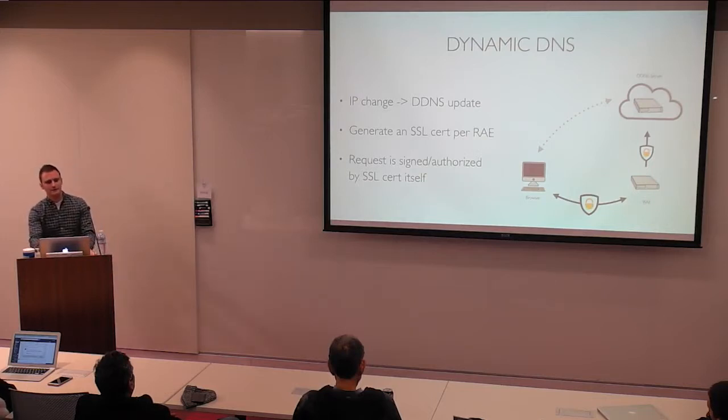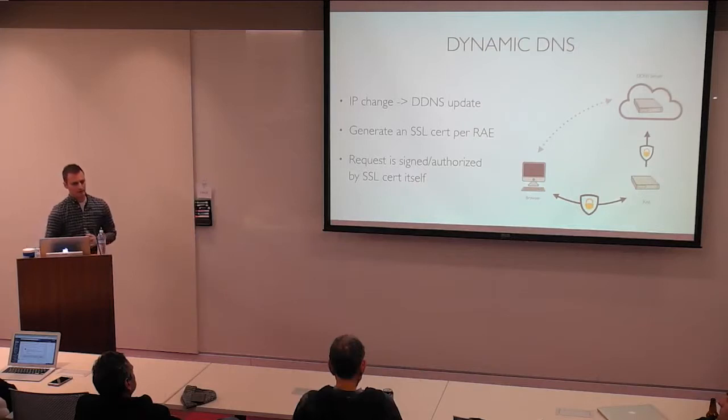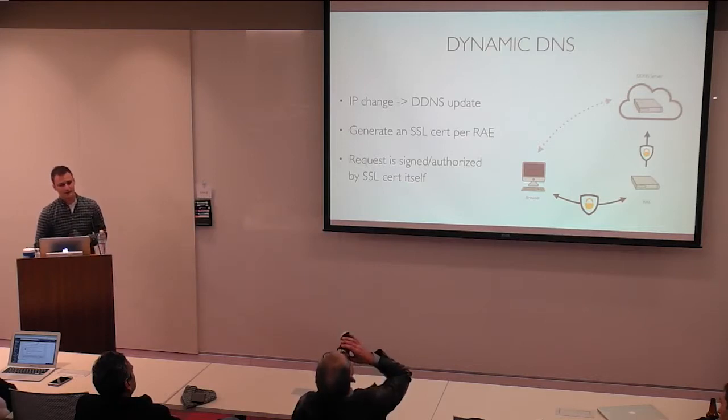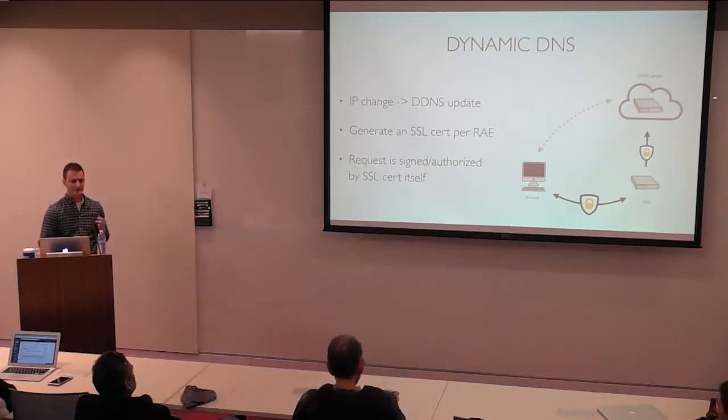And in order to do that, we generated an SSL cert at the subdomain level for each array. So we've got our domain name and then a subdomain for each array. Now, for the request for actually updating that DNS, we are using the SSL cert itself as a client cert to sign and authorize that request.